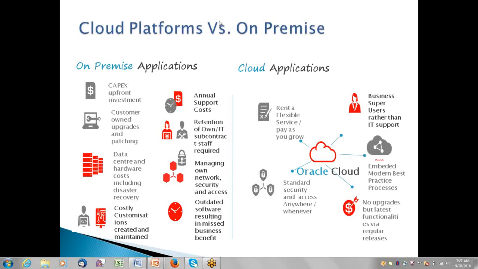It is on the road map, and probably they'll release it in the next 1 or 2 months. So that's how, after every release, they are streamlining the best processes available in the market as per the business, and they are also streamlining the functionalities so that most of the customers get benefit out of that. So these are some of the differences between the cloud and on-premise applications in general.